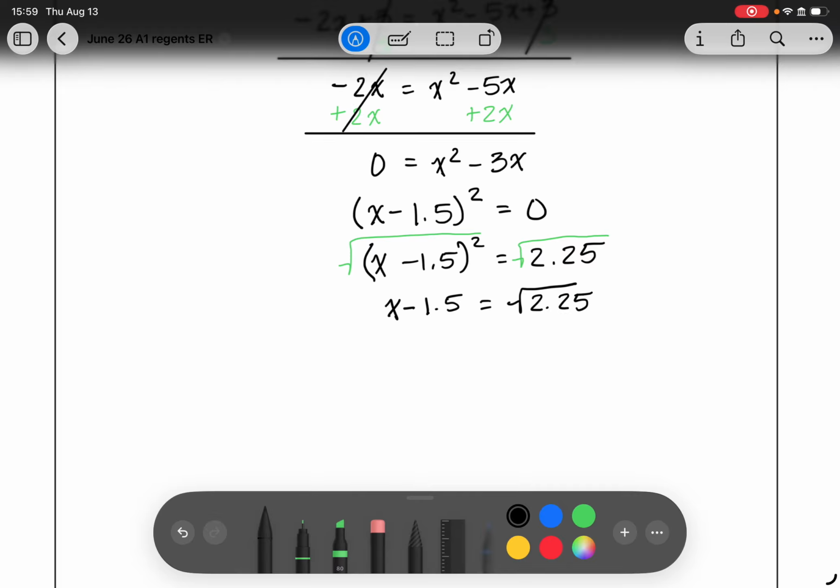And I'll go over how I got 2.25 in a moment. Square root of 2.25, you put that into your calculator, we will get x minus 1.5 equals plus minus 1.5.